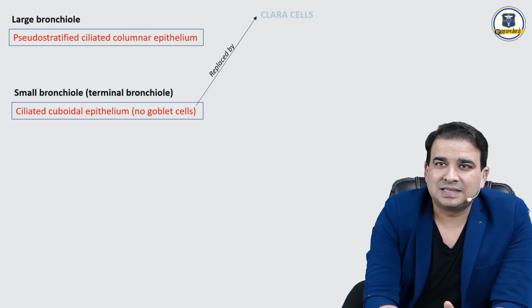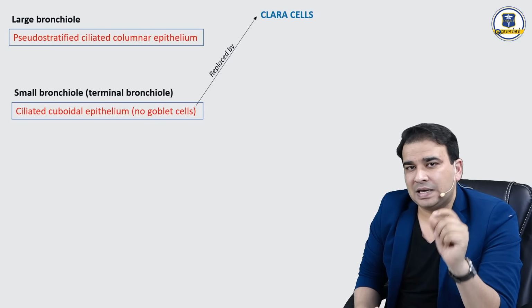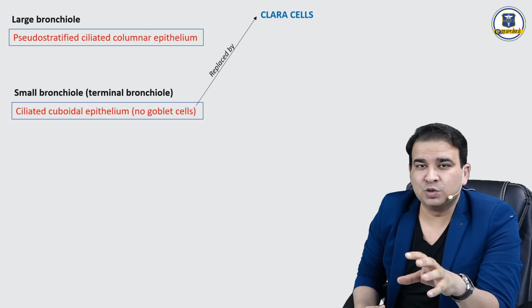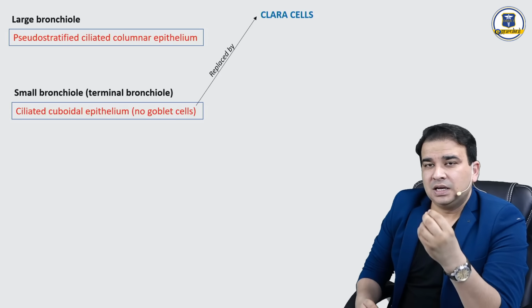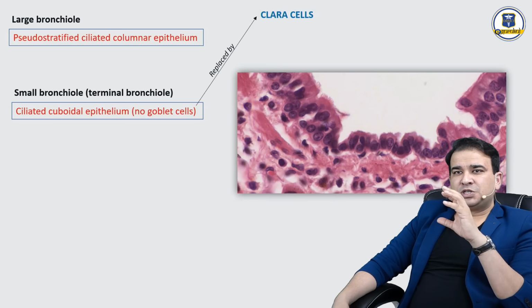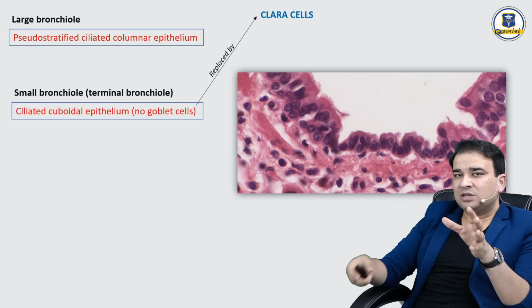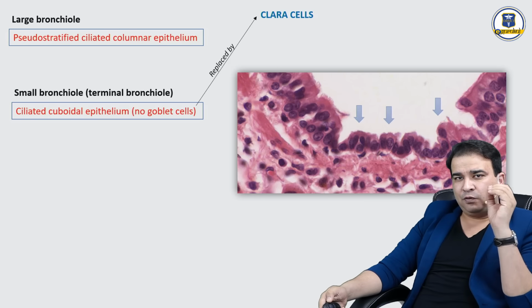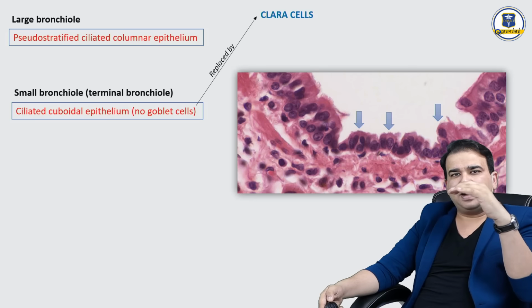Now, what are Clara cells, guys? That is again an important cell to be remembered. The Clara cells do the same function which is done by the type 2 pneumocytes in the alveolus, and that is releasing the surfactants. Clara cells, as you can appreciate in this picture, are those cells which do not have cilia. These are the non-ciliated cells, and if you look at the apical surface of these cells, they are present like a dome. That's how we identify them.